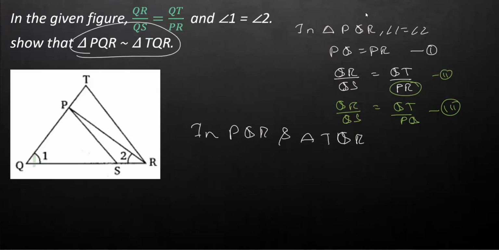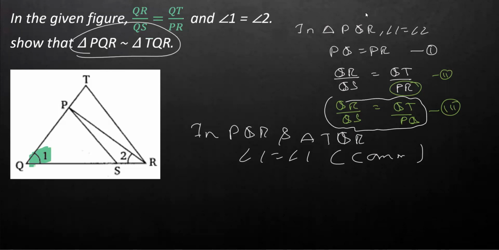So first, as I said in the beginning, we have one angle, angle 1, which is common to both the triangles. So I can simply write angle 1 is equal to angle 1, and that is common. And the second one is this equation 3, from where we have already obtained the sides as proportional. That means QR over QS is equal to QT over PQ.